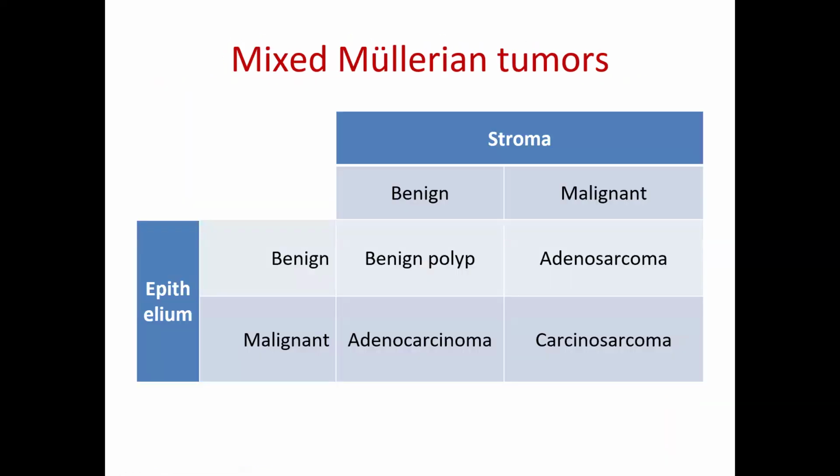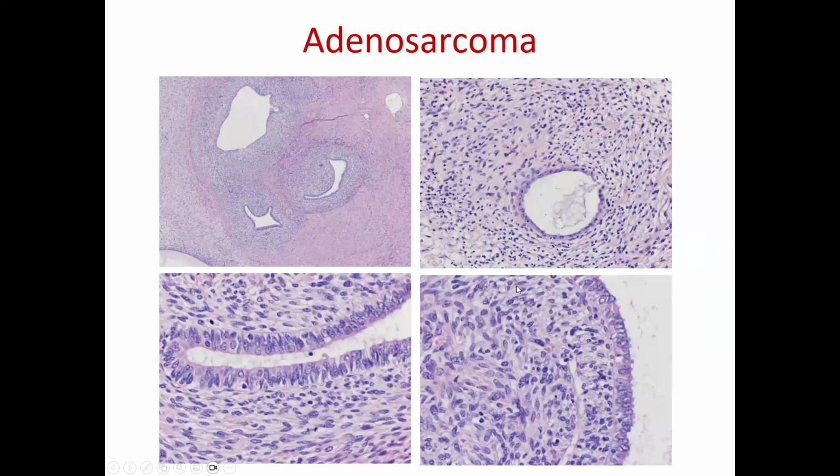A word about mixed Müllerian tumors. You saw this. I presented this table many times. And you will get carcinosarcomas and adenosarcomas of the cervix. In the cervix, the entity that is more likely to be encountered is the adenosarcoma, where the glands are kind of like benign.